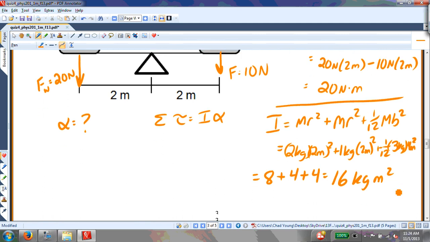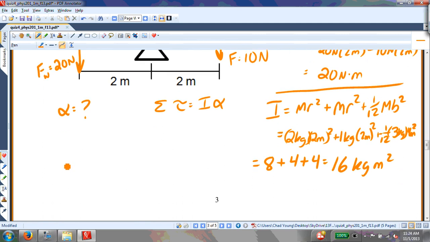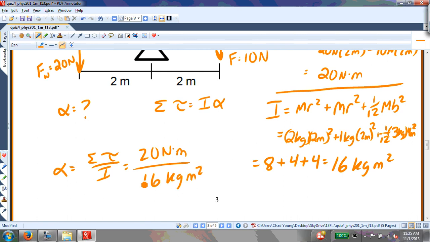So now I have I, and I have alpha, and I have sum of the torques. So I find alpha, which is the sum of the torques over I, which is going to be 20 newton meters divided by 16 kilogram meters squared, which will give me 5 over 4, 1.25 radians per second squared.